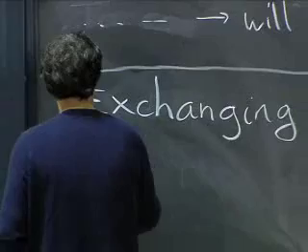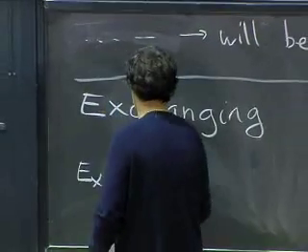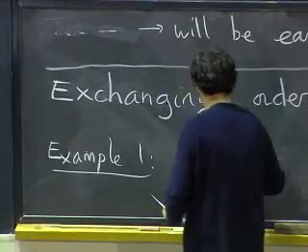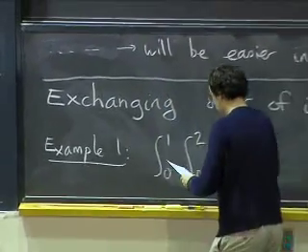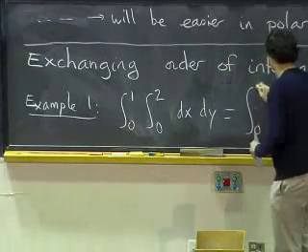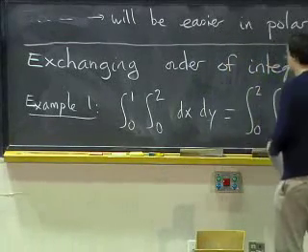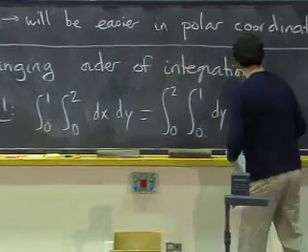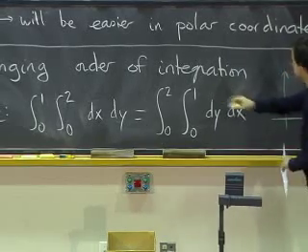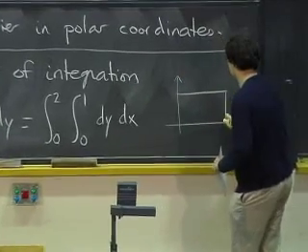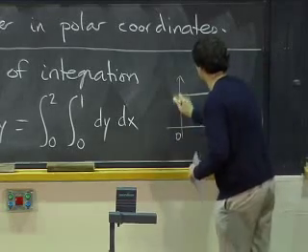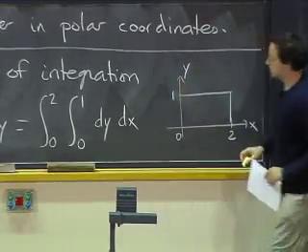Okay, so, well, here's a first baby example. Certainly, if I do integral from 0 to 1, integral from 0 to 2, dx dy, I can certainly switch the bounds without thinking too much. What's the reason for that? Well, the reason for that is, this corresponds in both cases to integrating x from 0 to 2 and y from 0 to 1. It's a rectangle.